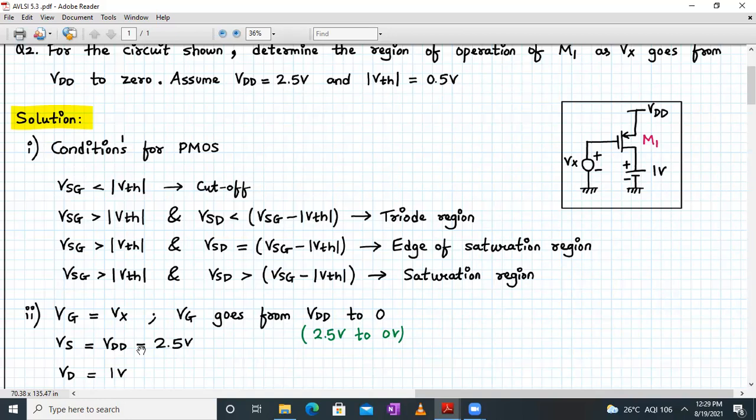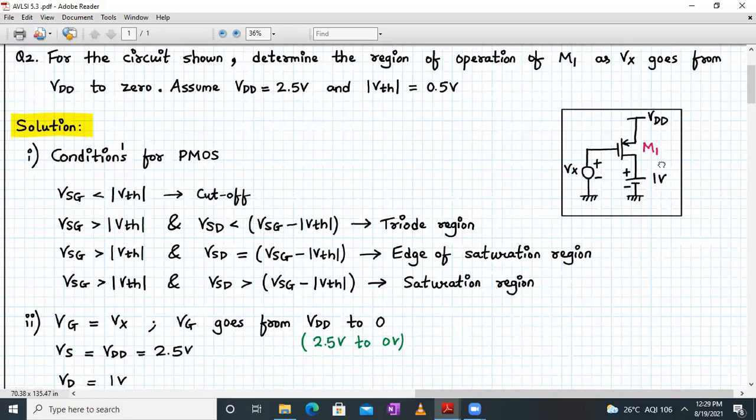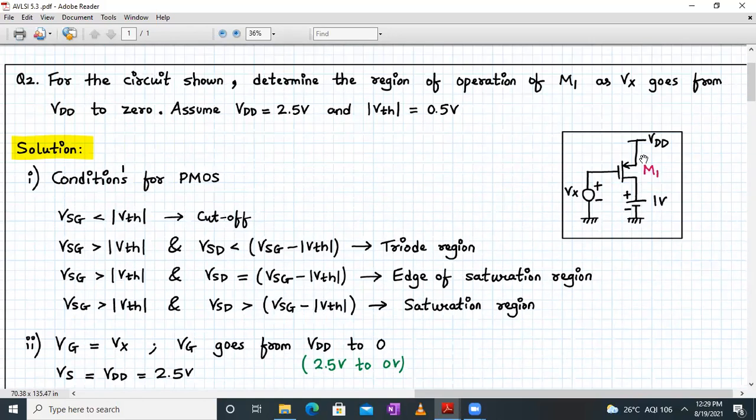What is the source voltage of the PMOS? Where is my source terminal connected for a PMOS device? VDD. Yes.